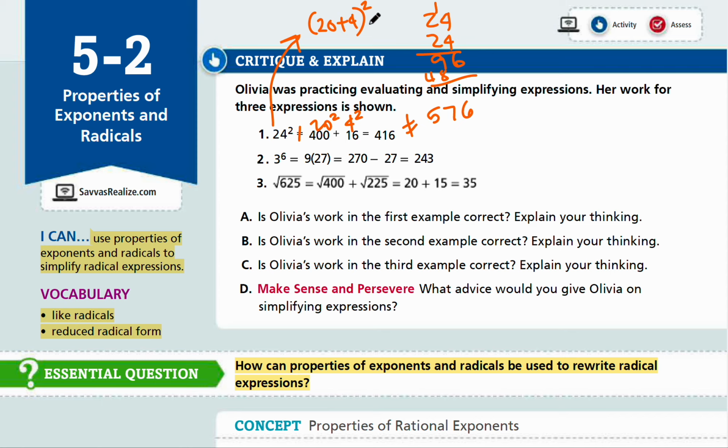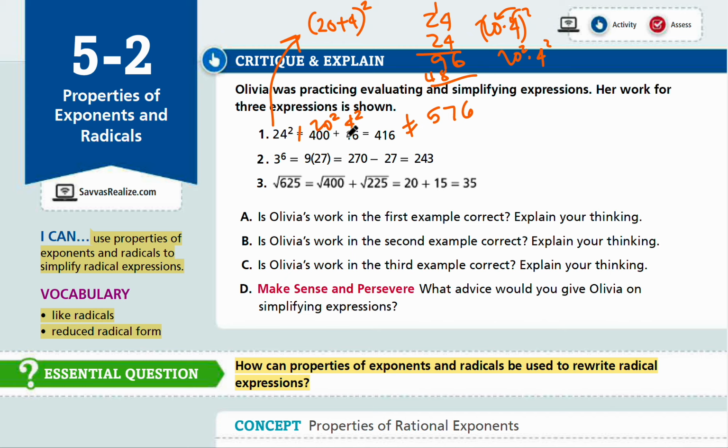Remember that? So you can't really distribute the power in this case. Only when you have a multiplication, if you have 20 times 4 and then you have square, then you can distribute it and say 20 squared times 4 squared is the same as this. But we don't have that, right? So if you have addition, you need to be careful. This is not equal to each other, okay?